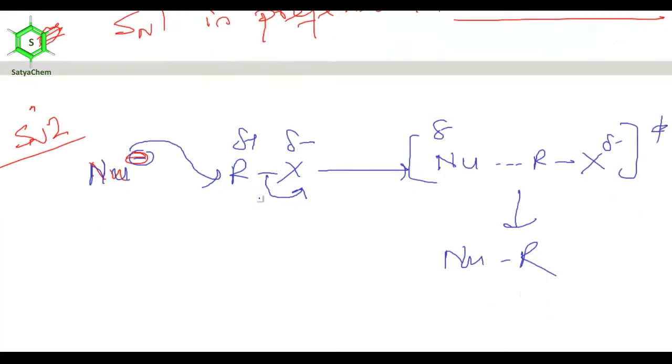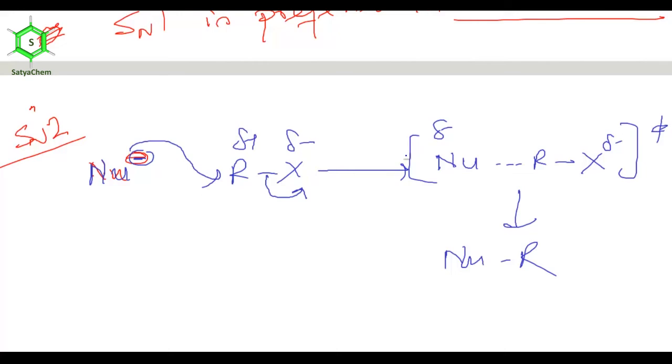Why? Because in this particular example, new charge is not generated and the existing negative charge on the nucleophile is more dispersed. See, here there is one unit negative charge, but in the transition state the negative charge gets dispersed, it becomes delta negative, compared to the starting material.